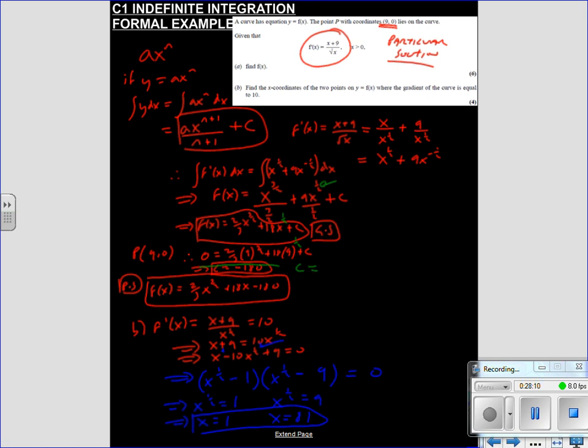C is actually, if we put that in again, so 9 to the 3 over 2. Okay, so 2 divided by 3, 9 to the power of 3 by 2, plus 18, and now 9 to the power of 0.5. It's 72, so actually C is minus 72. Sorry about that. So this is minus 72.